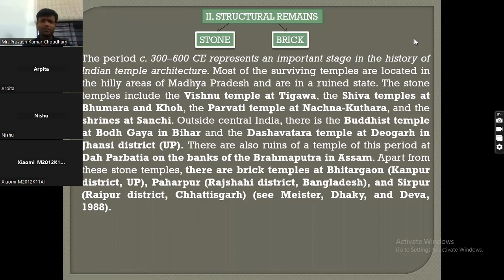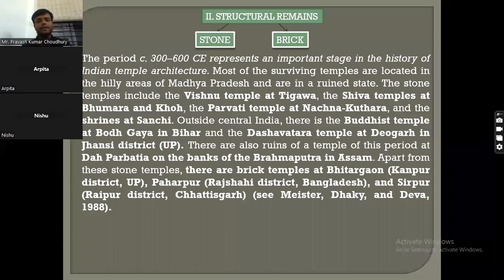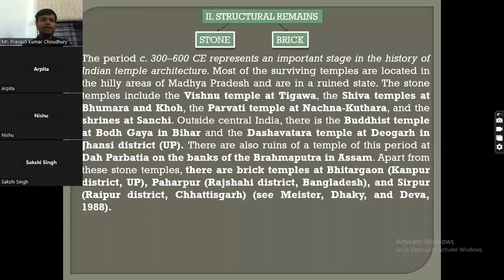On the basis of material, basically two different kinds of structural remains are found, right? One which is made of stone and another which is made of brick. These brick and stone structural remains exist even today. You can go and see at these sites the earliest evidences of temple architecture.